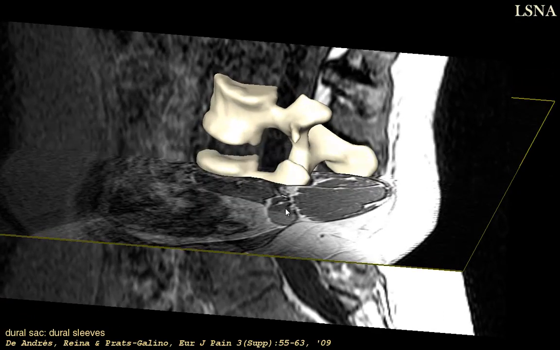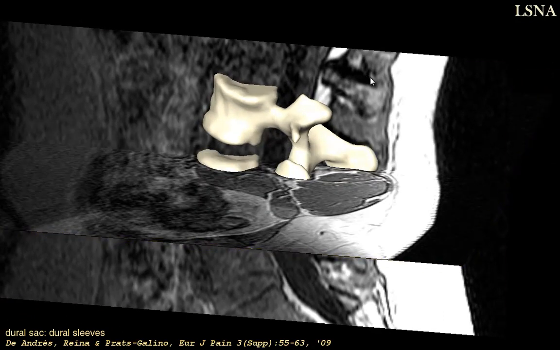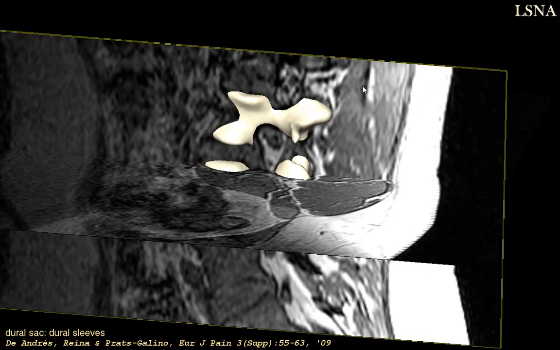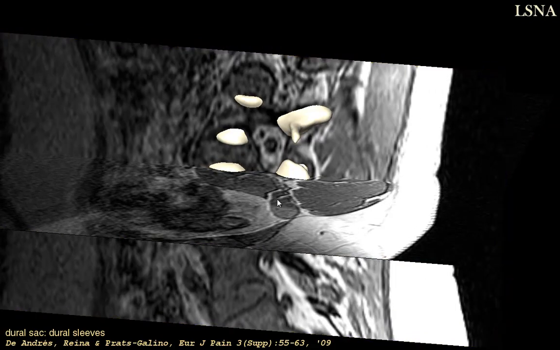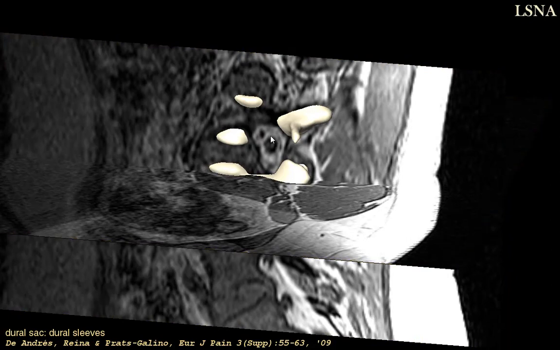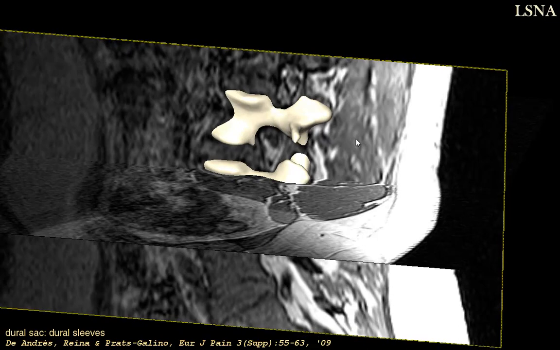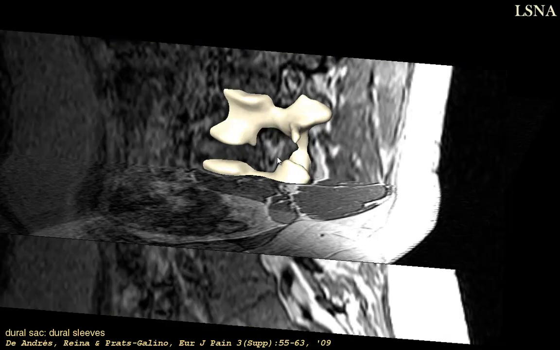By moving the section plane laterally, the intervertebral foramen is visible, which contains the dorsal root ganglion and the venous plexus described previously.